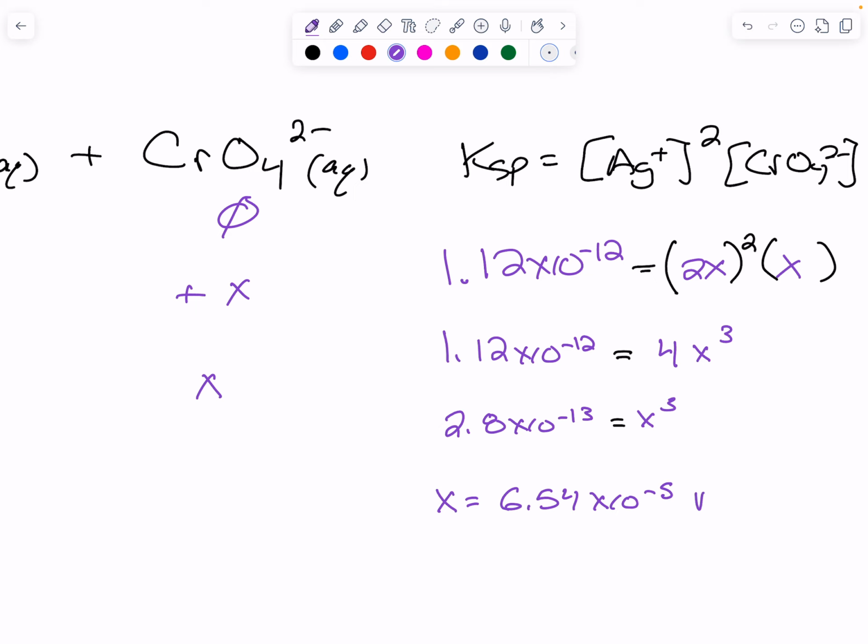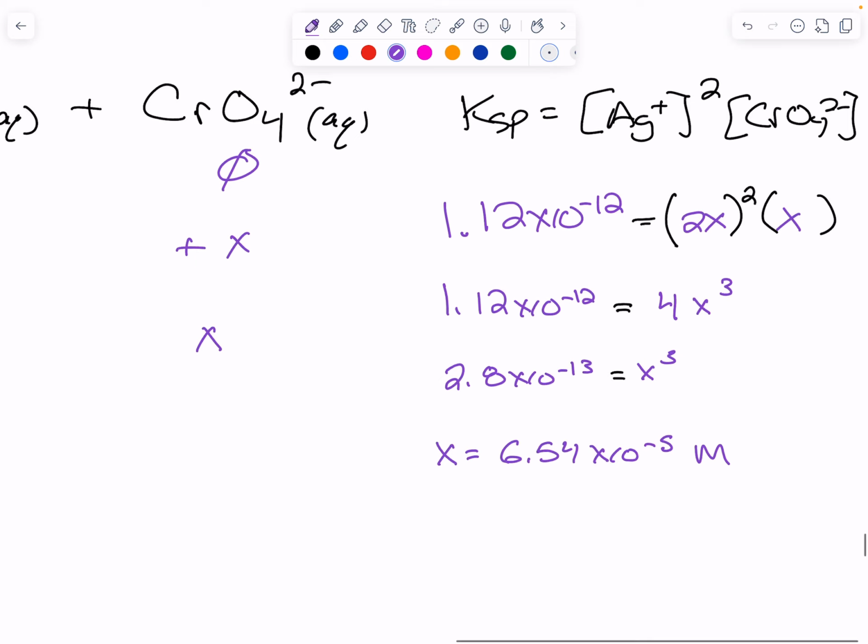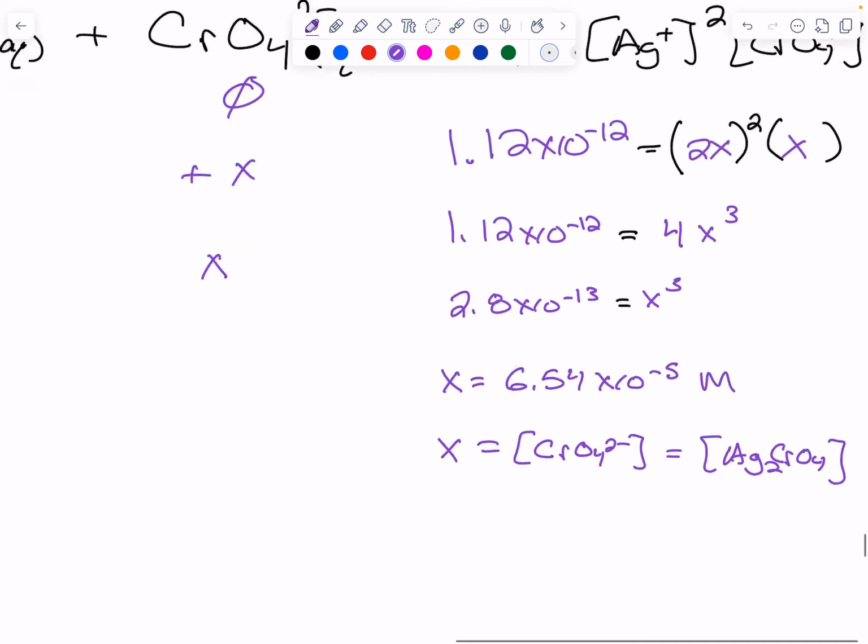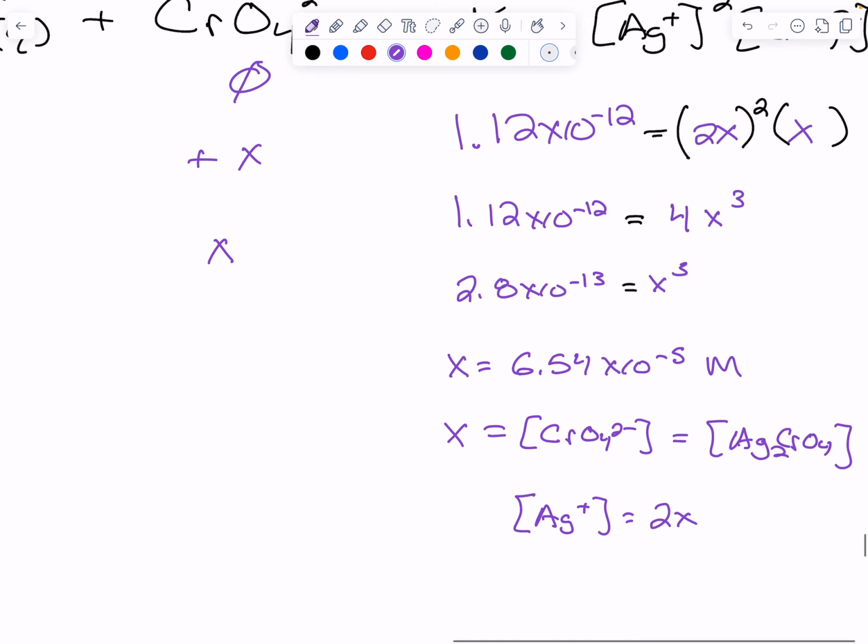Now, molar, right? Now, x equals what? The concentration of chromate and silver chromate. What does the concentration of silver equal? 2x. All right?